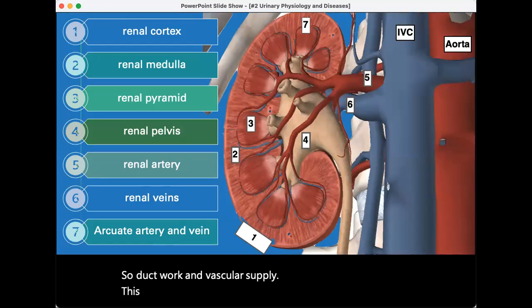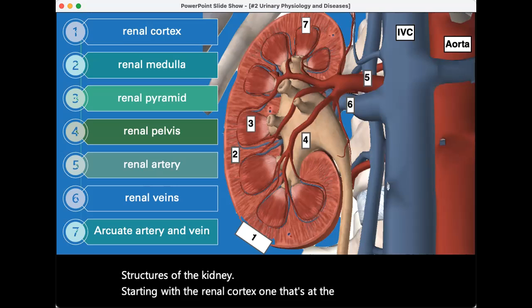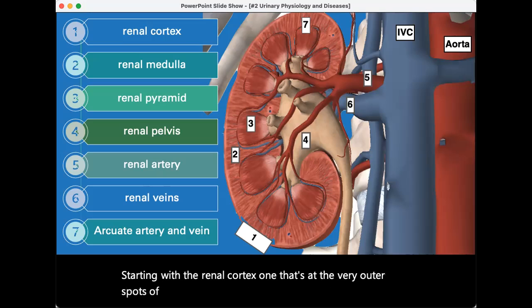These are some of the anatomical structures of the kidney, starting with the renal cortex, that's at the very outer spots of the kidney. Notice those are very vulnerable to any types of trauma.